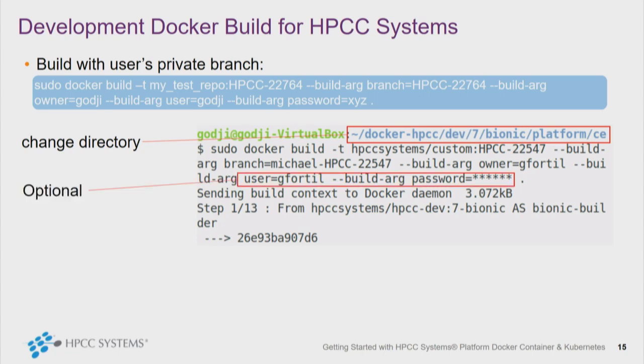And here I pass my credentials, and that is optional. It's not required. You only have to pass that if your GitHub repository is private. So you have to pass your username and password. And it is as simple as that. And of course, at the end, we locate the Docker file for the build.